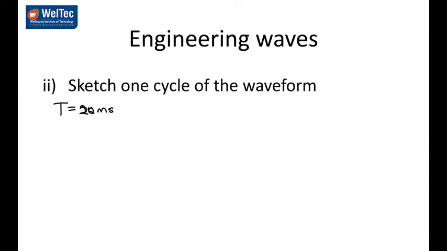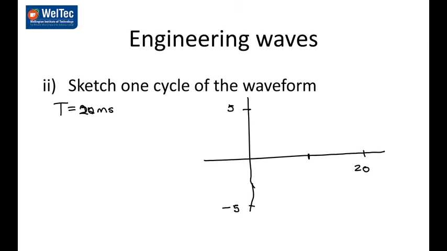And so let's draw the unshifted one. So it went up to 5 and down to -5. So 20, we need to divide that in 4. I'm just going to dot this one in. Like that.